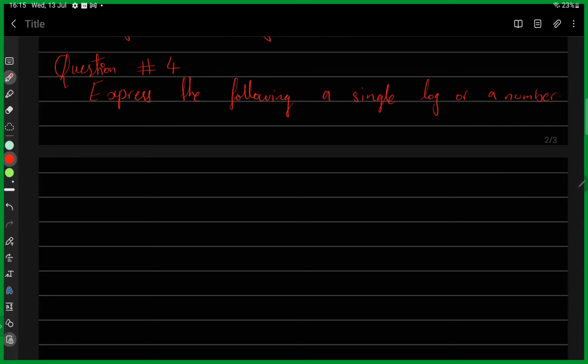Part A says log base 5 of 4 plus log base 5 of 7. So what do we see? We have two different logs, but the logs are technically same because their bases are same. So for same logs, what do we know?